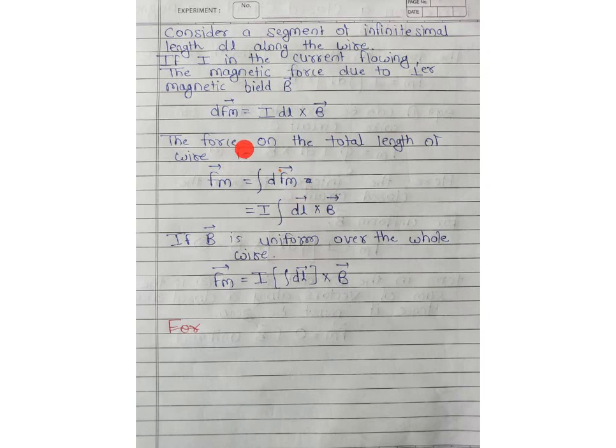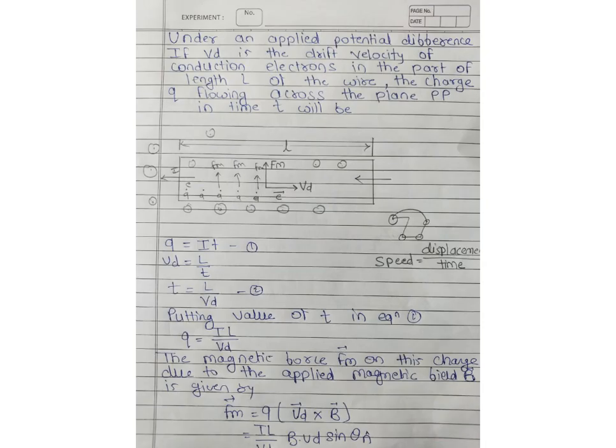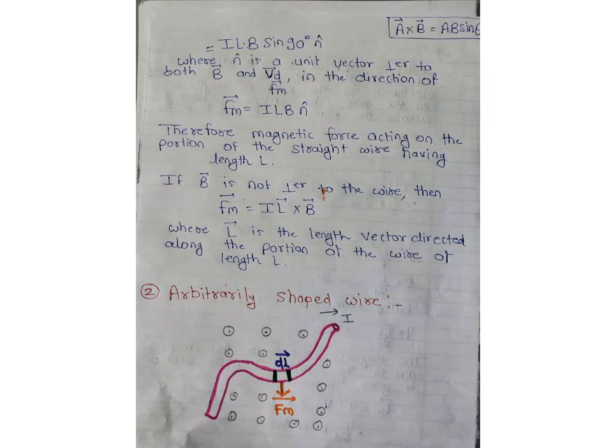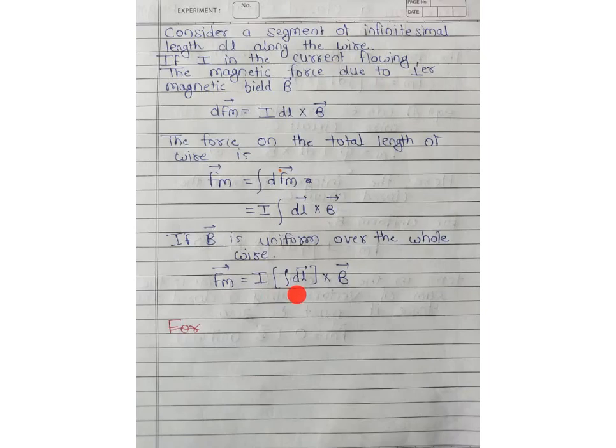The value of dFm is I dl cross B, so the current I stays outside, integrating dl cross B. If B is uniform over the whole wire, then Fm is equal to I integration of dl, cross vector B. So when we use the straight wire, the formula of magnetic force is Fm is equal to I L cross B. And when we use the arbitrarily shaped wire, the formula will be Fm is equal to I integration of dl cross B.